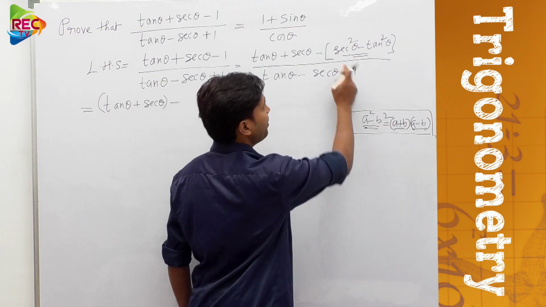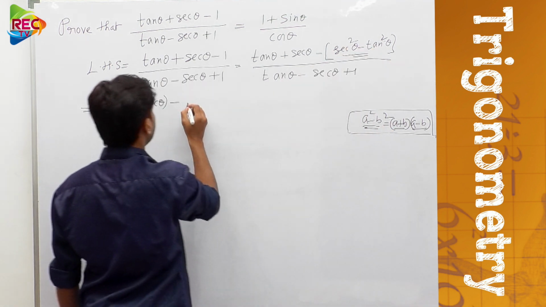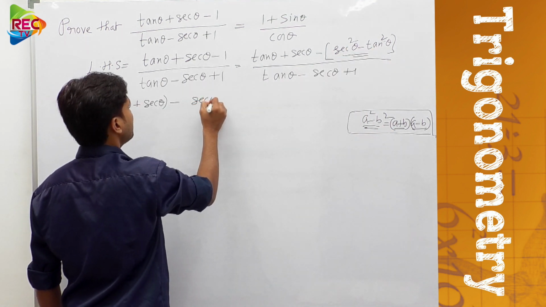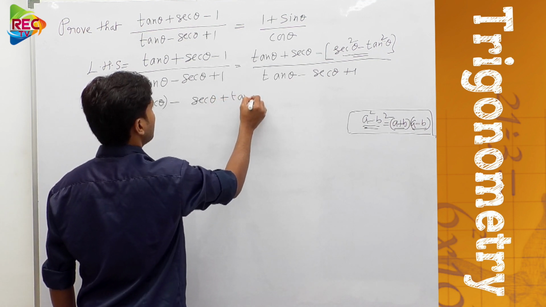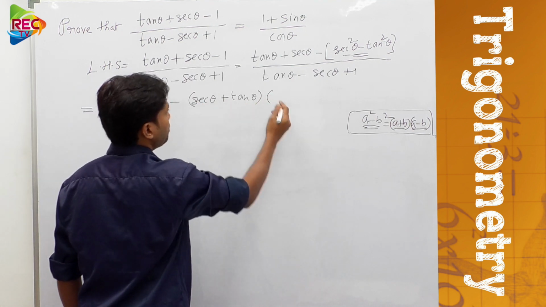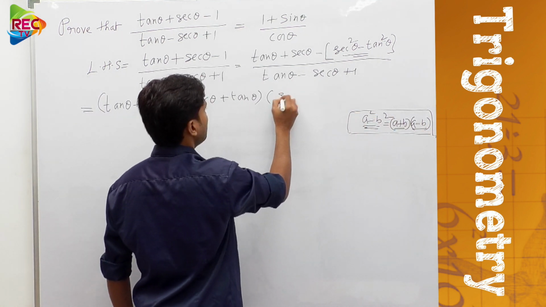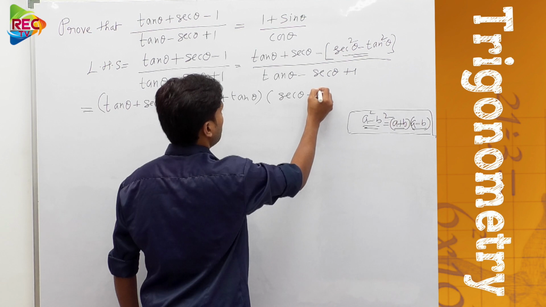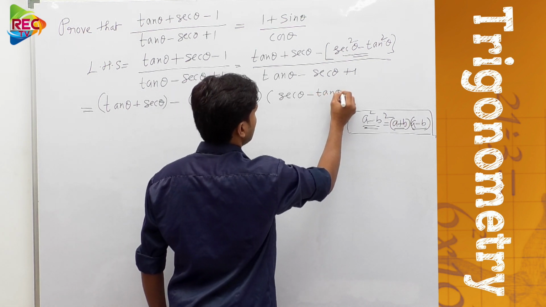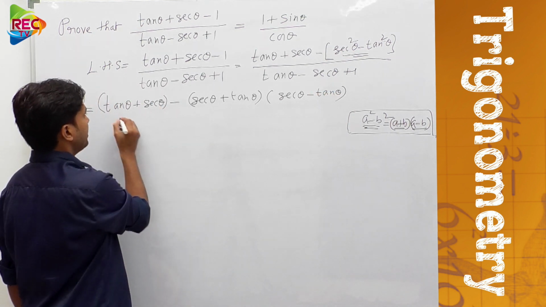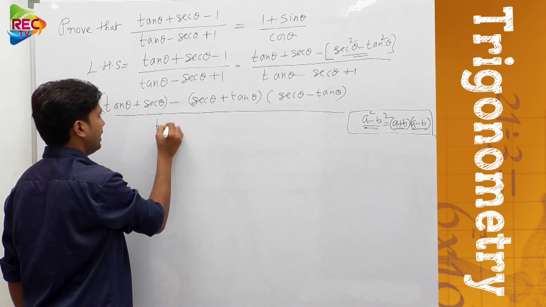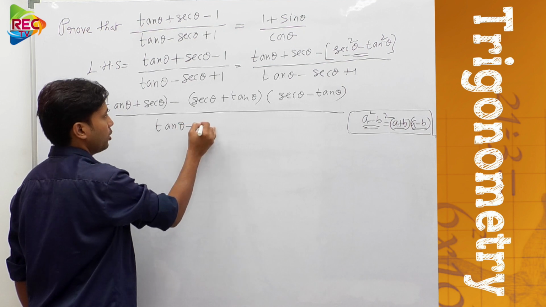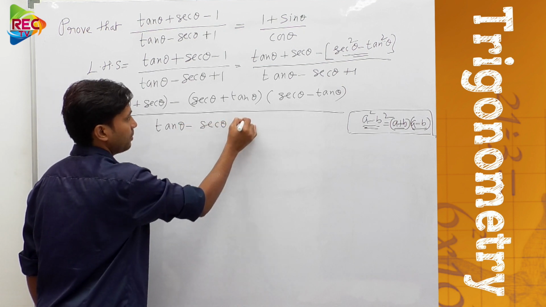So a plus b means secant theta plus tan theta, into a minus b, that would be secant theta minus tan theta, divided by tan theta minus secant theta plus 1.